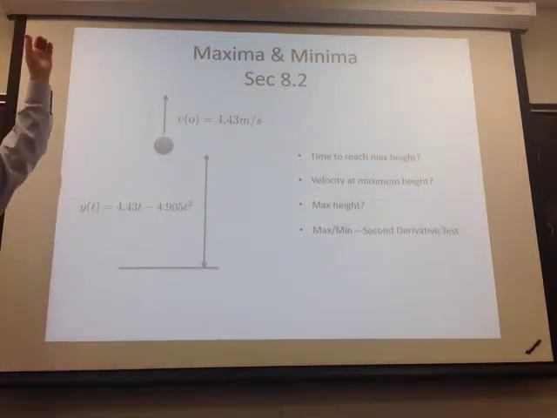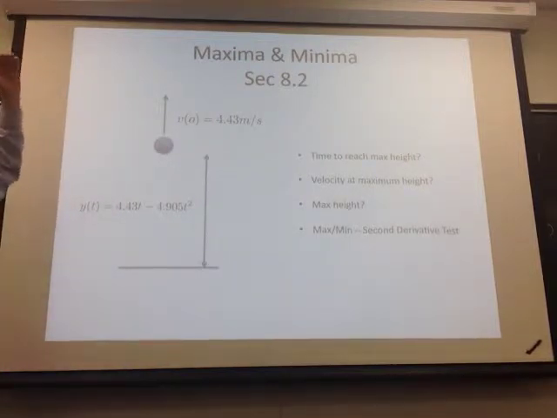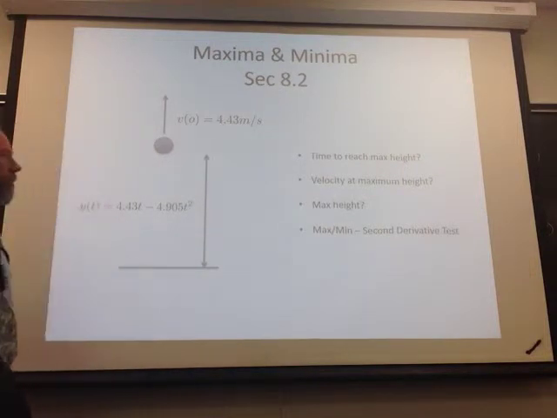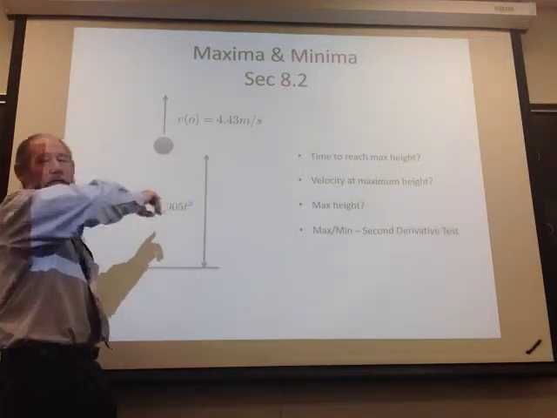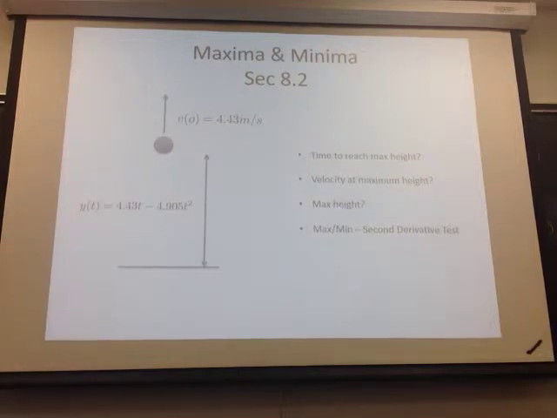How long does it take to reach its maximum height? How fast is it going at the maximum height? What is that maximum height? And I'll talk about the second derivative test of determining maximums and minimums. So again, why do we want to know about derivatives? Well, these are really hard answers to come up with if you don't use derivatives.